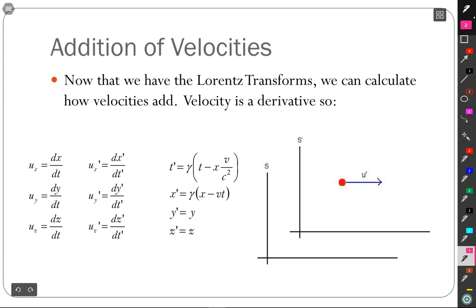So we can calculate these velocities. Velocities are derivatives. Definitions over here: U is going to be the speed of an object, and V is the speed of the reference frame. I'm just using different nomenclature so we don't get ourselves too confused.